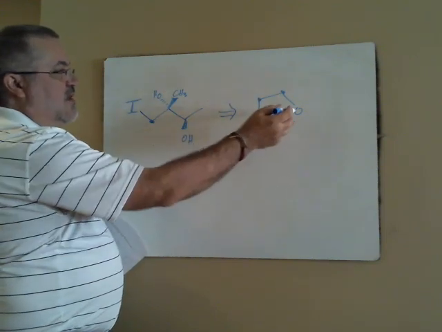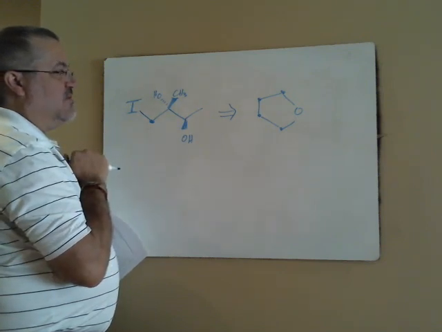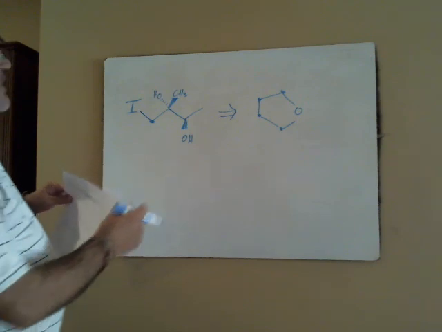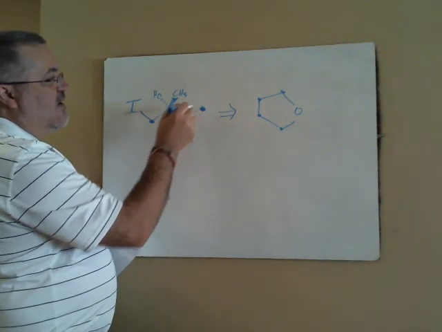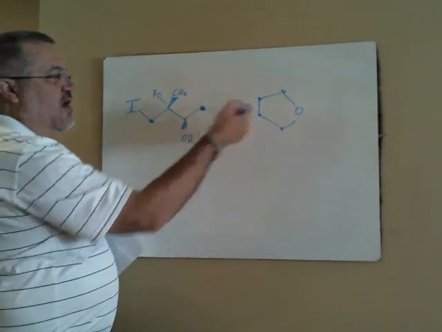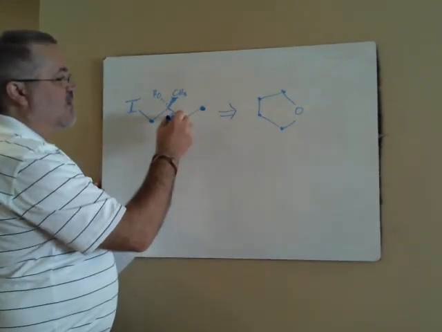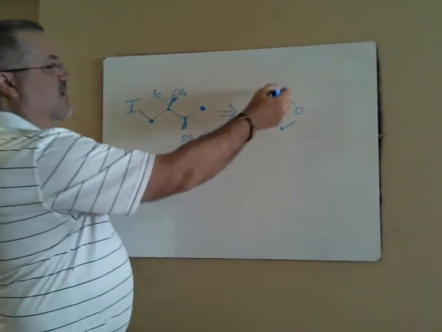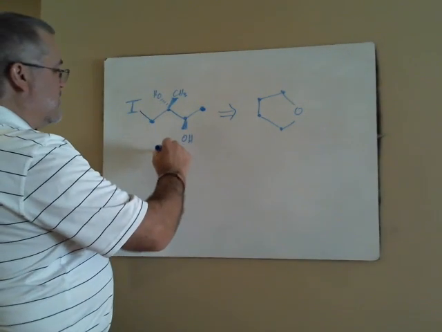And that would mean that this oxygen would have to be somewhere else when you opened it. So this carbon here would have had to have an OH on it at some point. Because these are the 4 carbons, I'm guessing, that are from this starting material.